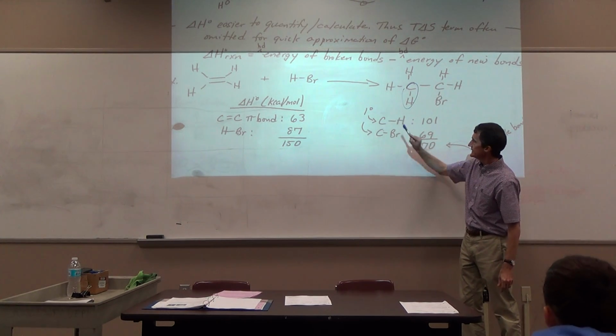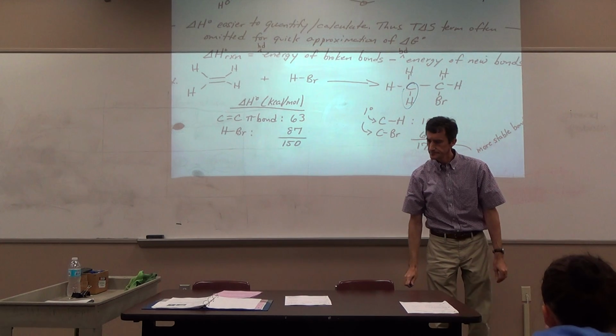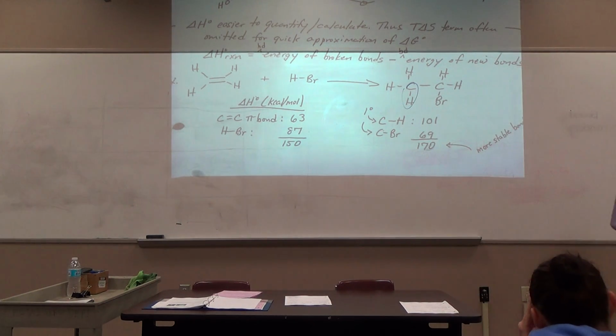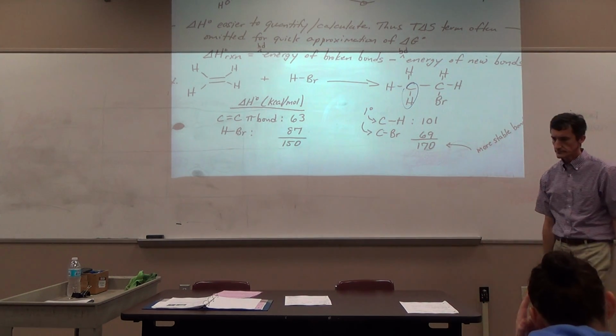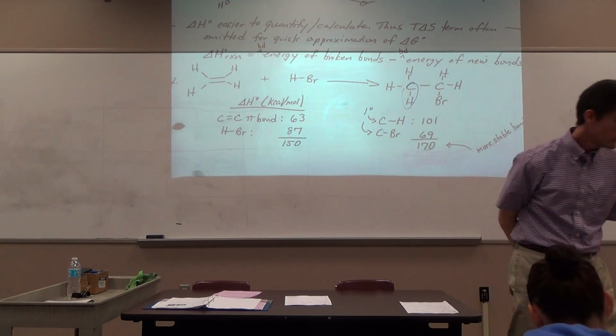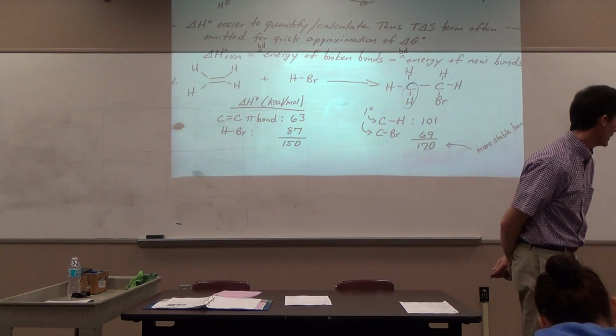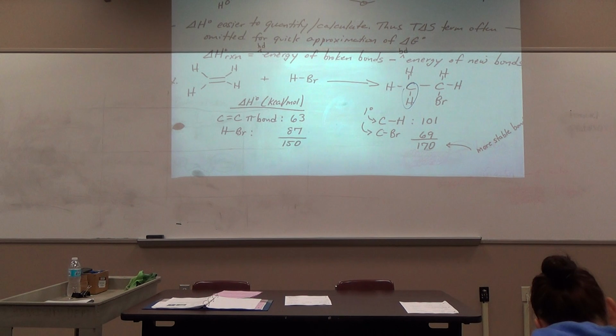So it's a primary CH. Is that in the table on the front? Primary CH in the front? Yeah, the second one. 101 kcal per mole. That's what it says in the table, yeah? Everybody see it?